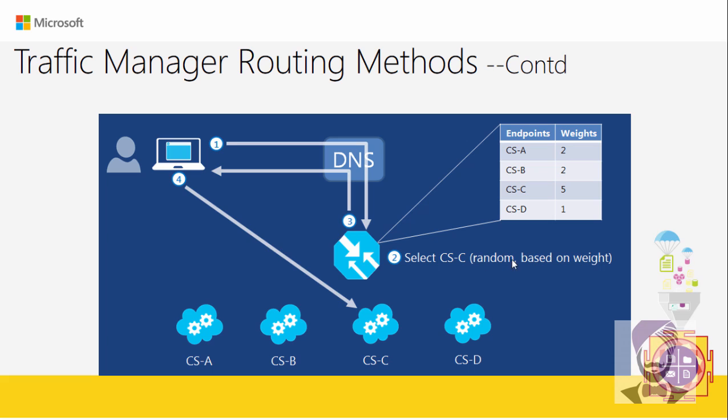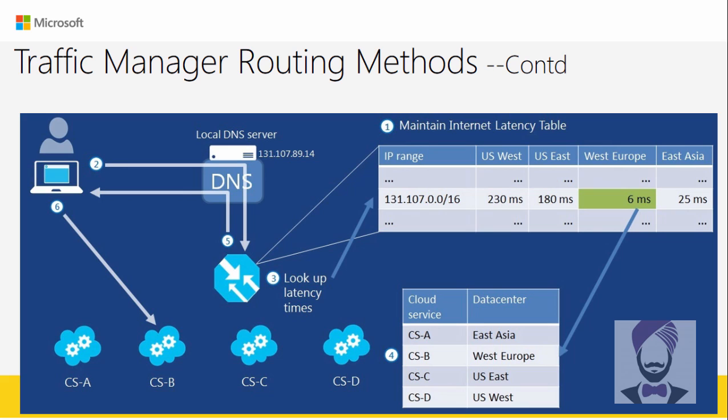So moving ahead, this is the scenario that I actually want to talk about, and I'll be showing a quick demo on it also. This is the third routing method, the performance routing method. As the name suggests, it is not rocket science, but the way it works is actually awesome.